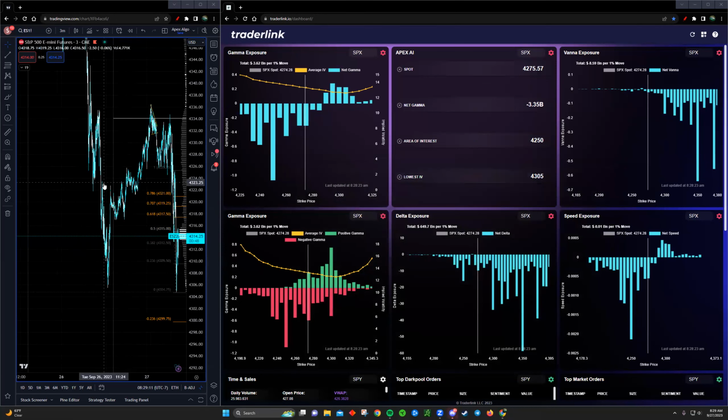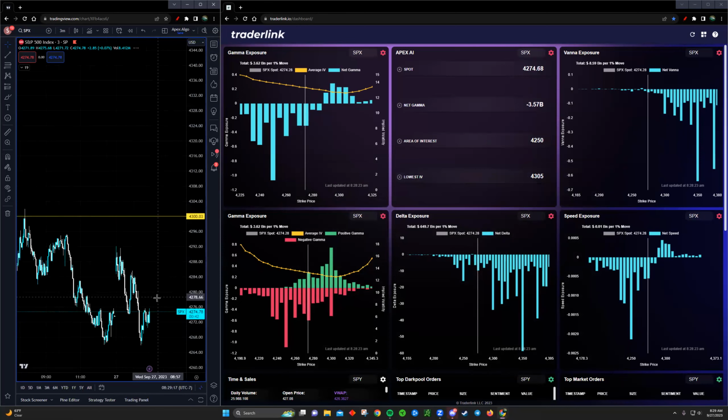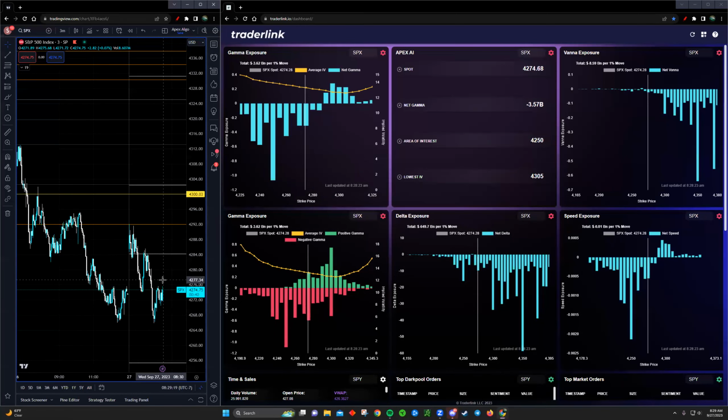Where's SPX? 42.75 right here. So this bounce happened, but once again, that's if it doesn't shift, right? You kind of have to do the math constantly. As you can see, the lowest IV is always changing.